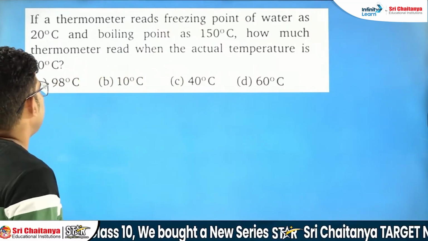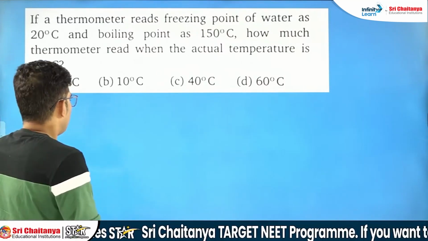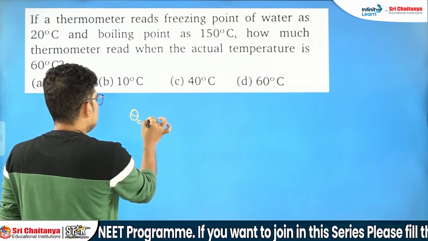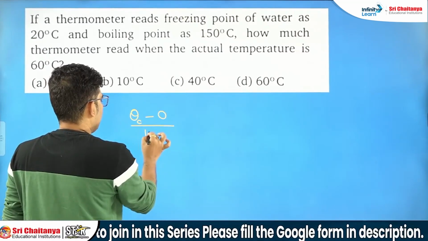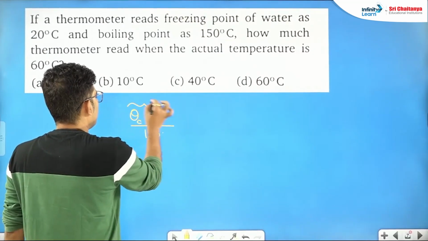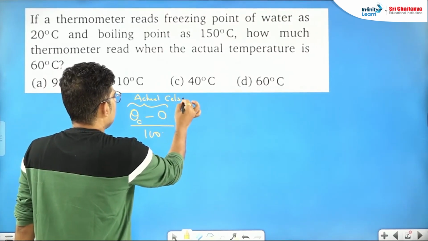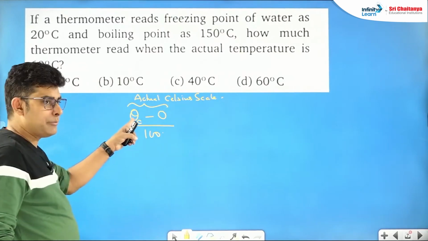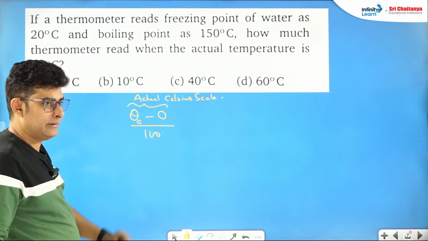So now they are saying when the actual temperature is 60, what we know for any scale, we can use theta c minus 0 by 100. We know this is for the actual Celsius scale. When we have the actual Celsius scale, we take theta c lower as 0 and UFP minus LFP is 100.